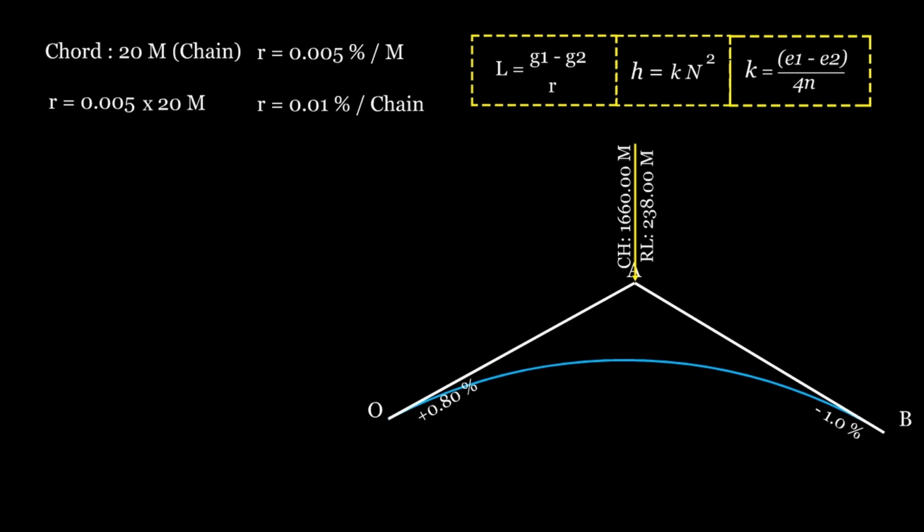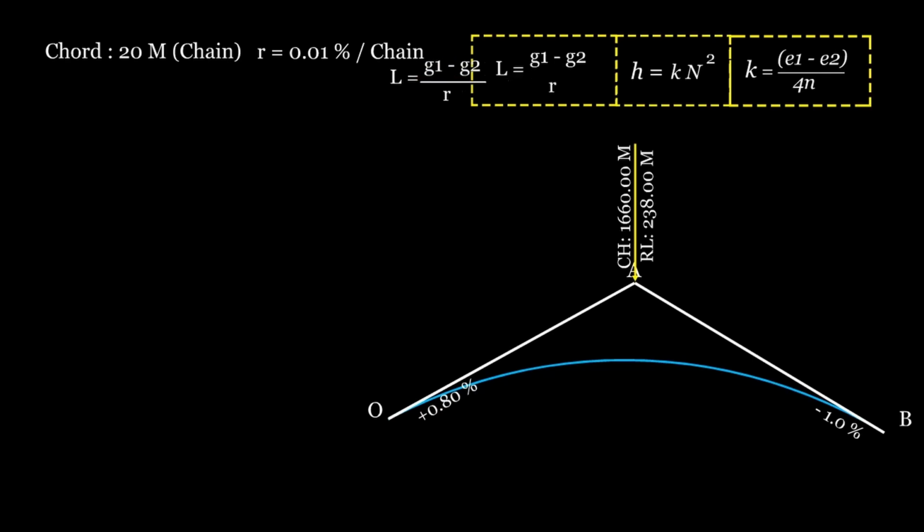Step 1. Calculate the total length of the curve. We already know the formula for the length L of the curve is L equals (G1 minus G2) divided by R, where G1 equals plus 0.8%, G2 equals minus 1%, and the rate of change of grade per chain equals 0.1%.